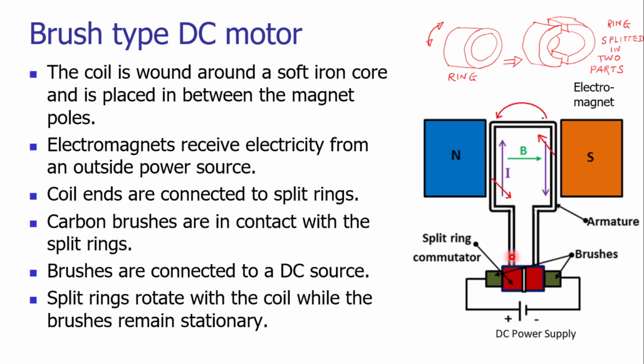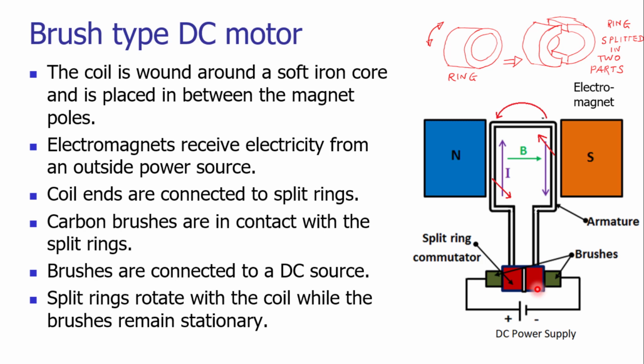As this portion is getting aligned with the south pole, there is a change in polarity. So this portion, which was in contact with the positive polarity, will be connected to the negative polarity after a rotation of about 180 degrees.